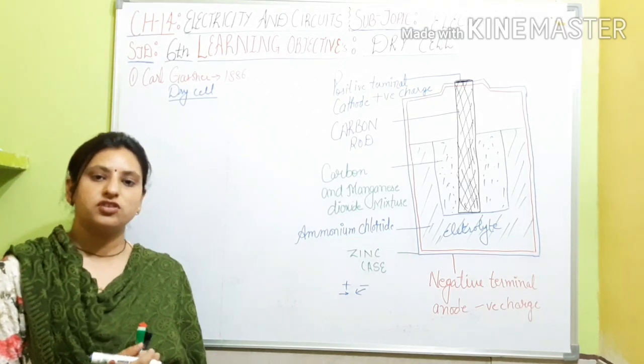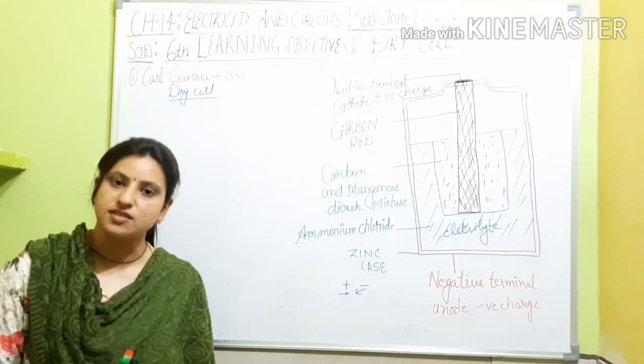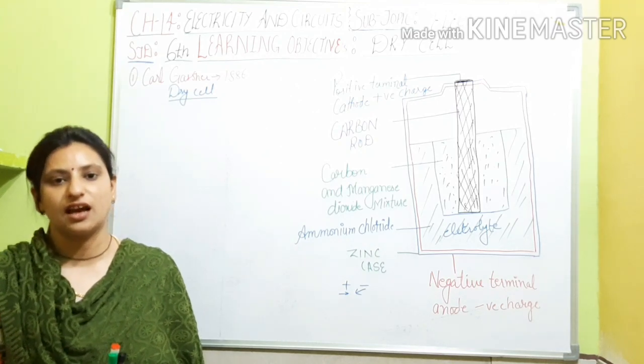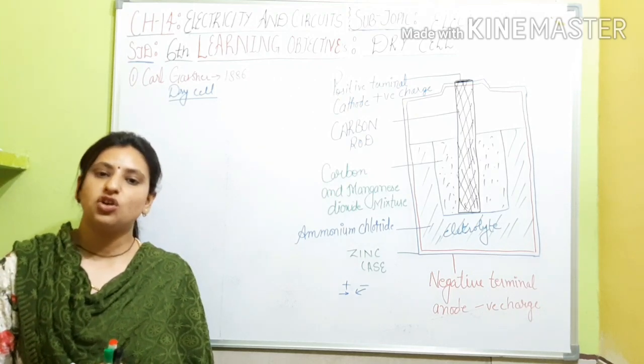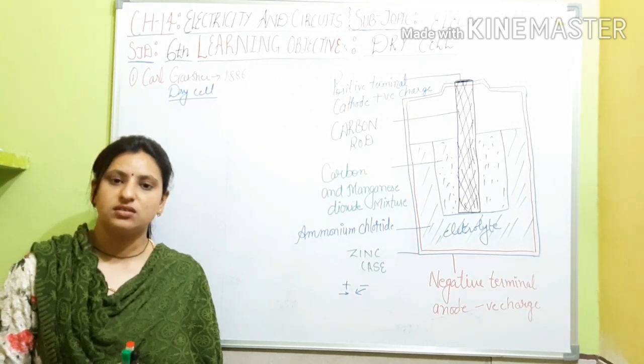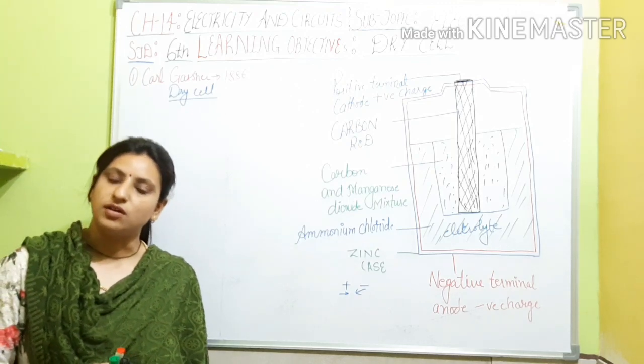Before it, there was Leclanche, a scientist who gave the concept of the Leclanche cell, which has electrolyte in liquid form. So it is not so easy to carry the wet cell from one place to another.